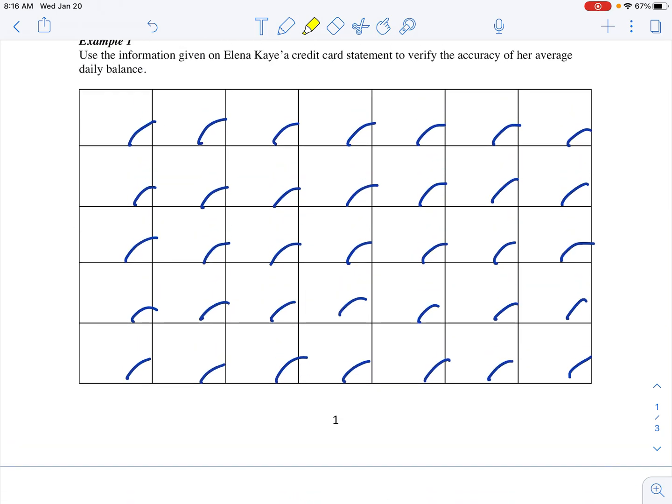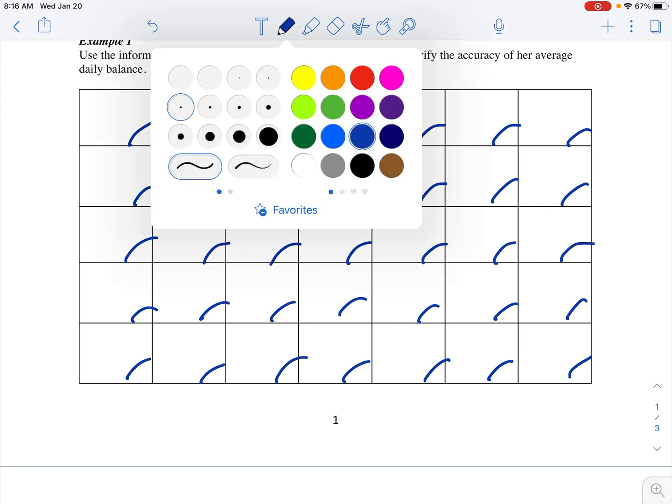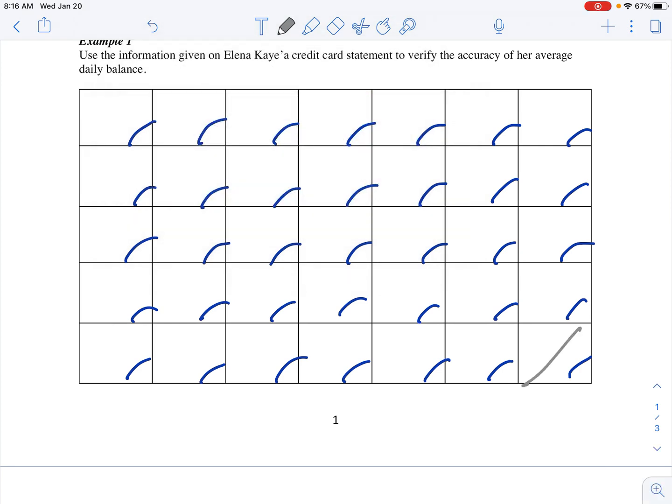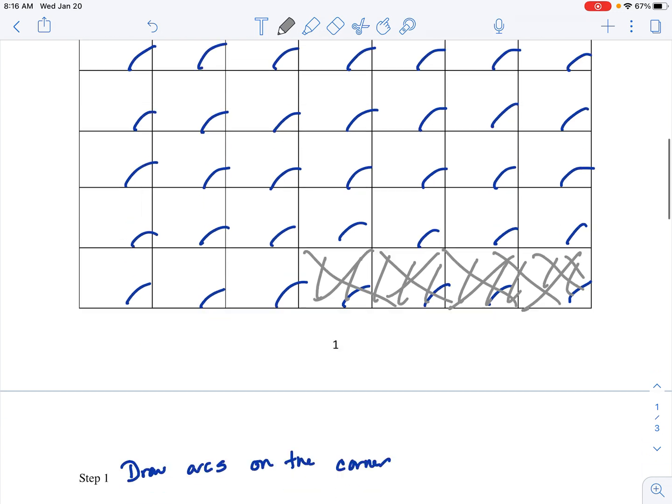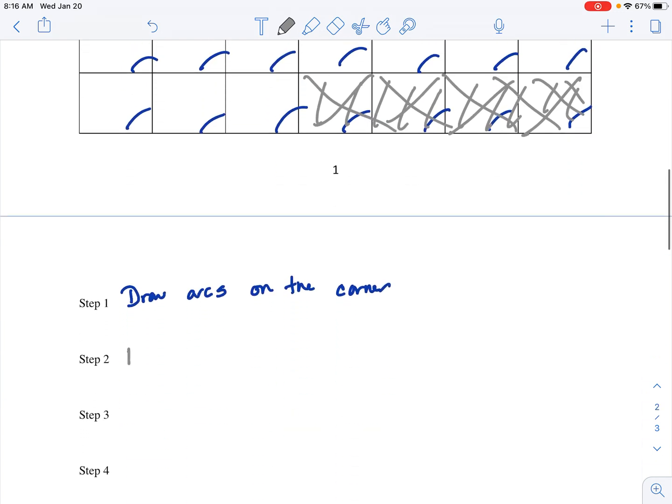This box has 35 in total, so we're going to take off 4 of these days, because we have only 31 days in the billing cycle. So we took off 4 days.